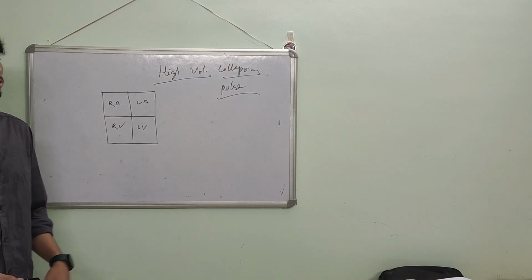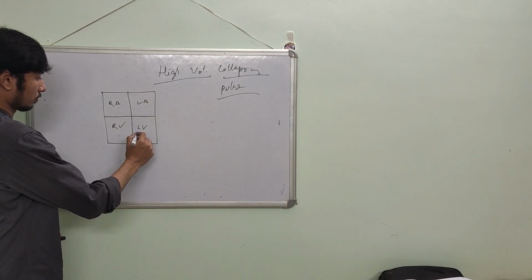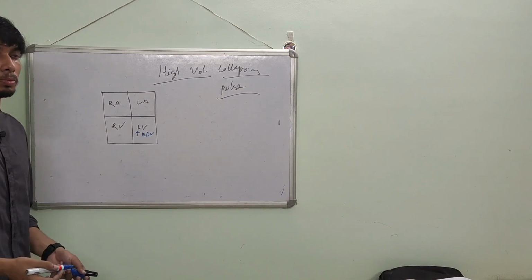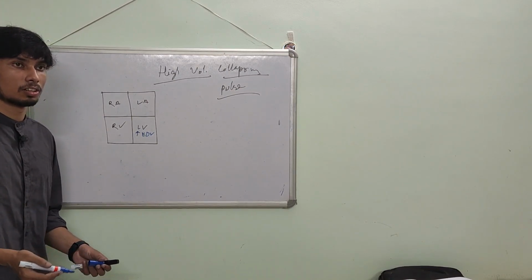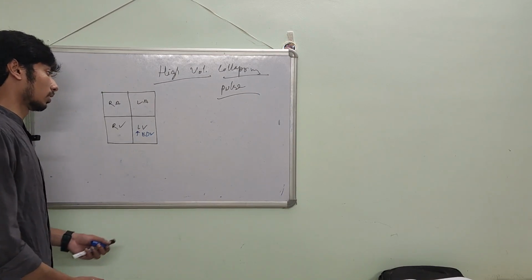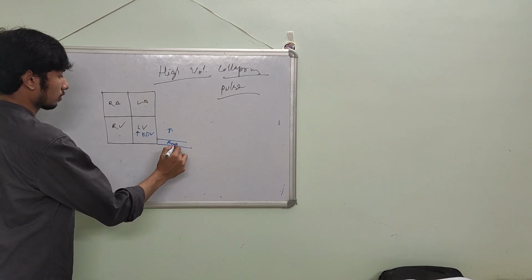So that's why it is called high volume. So what happens? Basically, when there is increased EDV due to any reason, it may be due to aortic regurgitation or maybe patent ductus arteriosus, the stroke output is increased into the aorta.